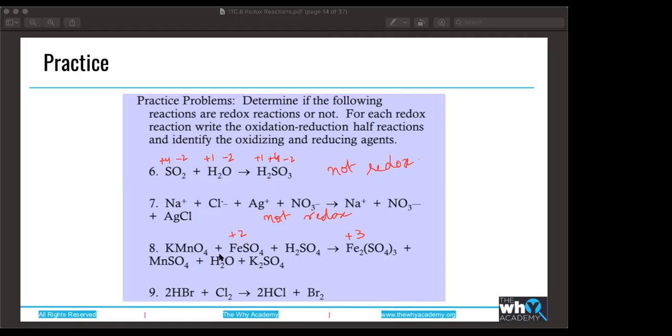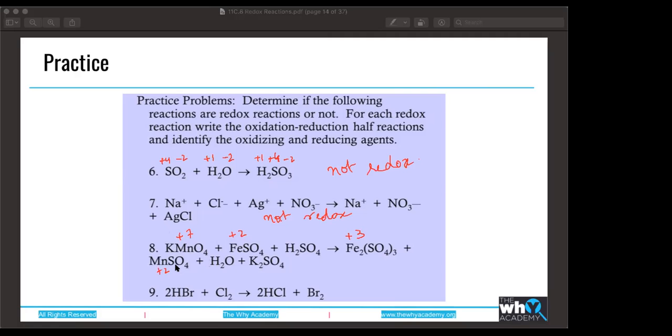Mn? Cool. So here what is the oxidation state of Mn? +7. And on the product side, how much has it become? +2.